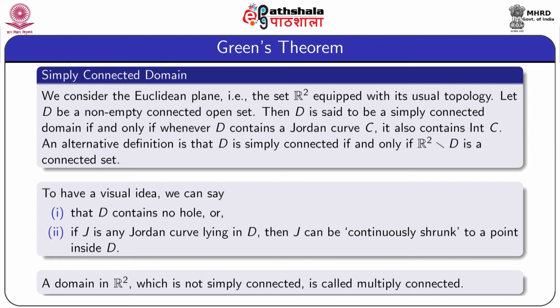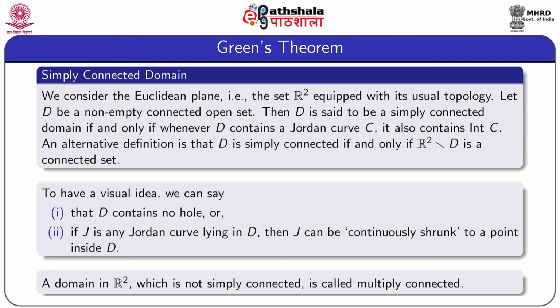Now, we discuss some topological concepts. Simply connected domain. We consider the Euclidean plane, that is the set R2 equipped with its usual topology. Let D be a non-empty connected open set. Then D is said to be a simply connected domain if and only if whenever D contains a Jordan curve C, it also contains the interior of C. An alternative definition is that D is simply connected if and only if its complement in R2 is a connected set.